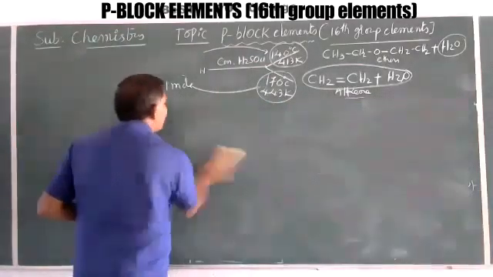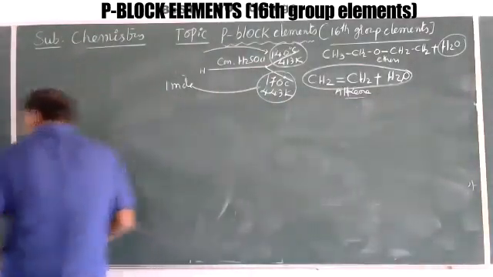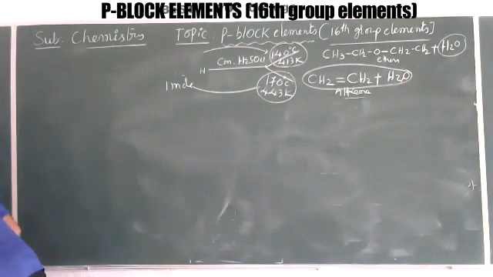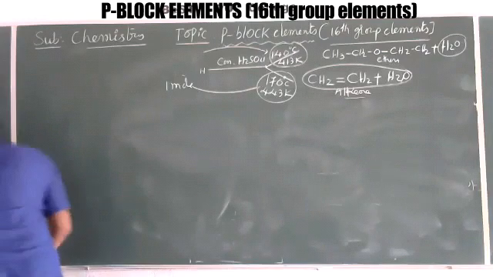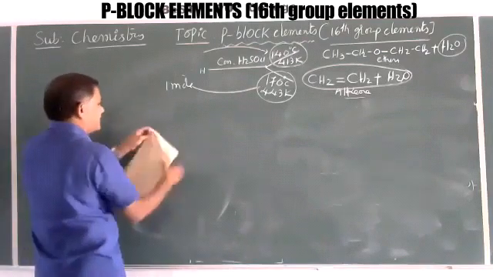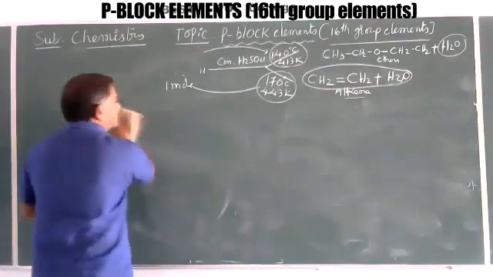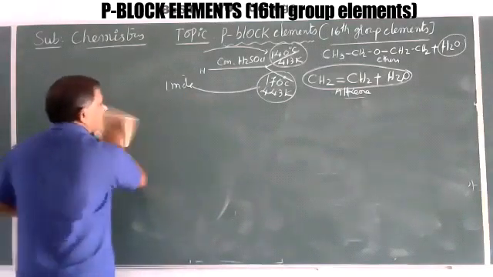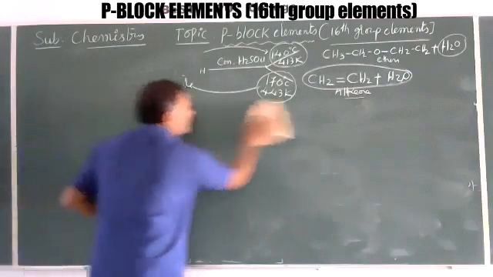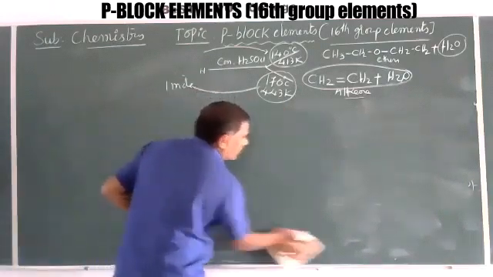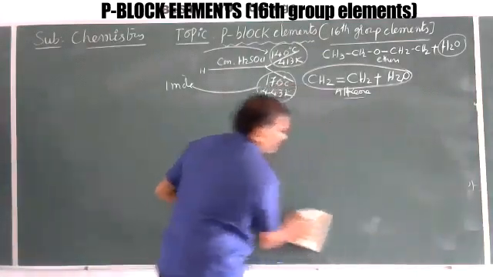It is a mild oxidizing agent whose oxidizing nature lies between P2O5 as well as concentrated HNO3, nitric acid. Hence, it reacts with some metals and non-metals and gives the corresponding sulfur dioxide gas.